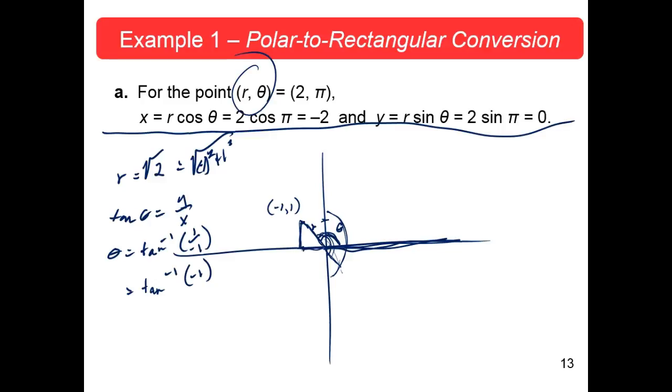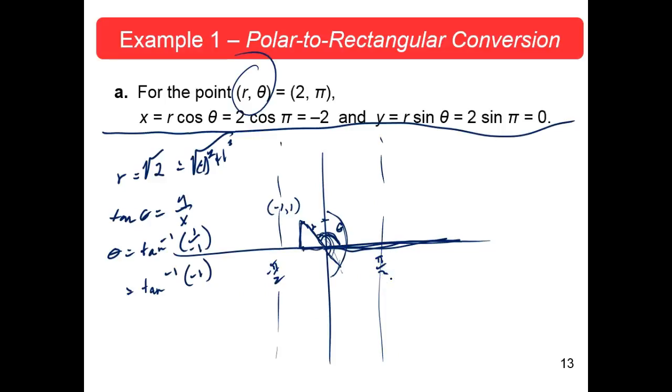An angle theta, if you take its tangent, you get a negative 1. I don't know if it's helpful to think, what does a tangent function look like? I'm going to draw it here. These are the asymptotes, minus pi halves to pi halves.